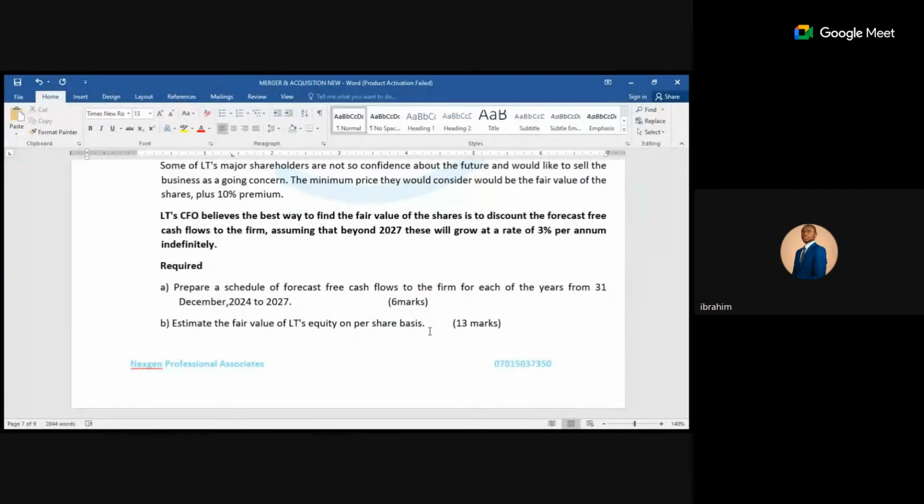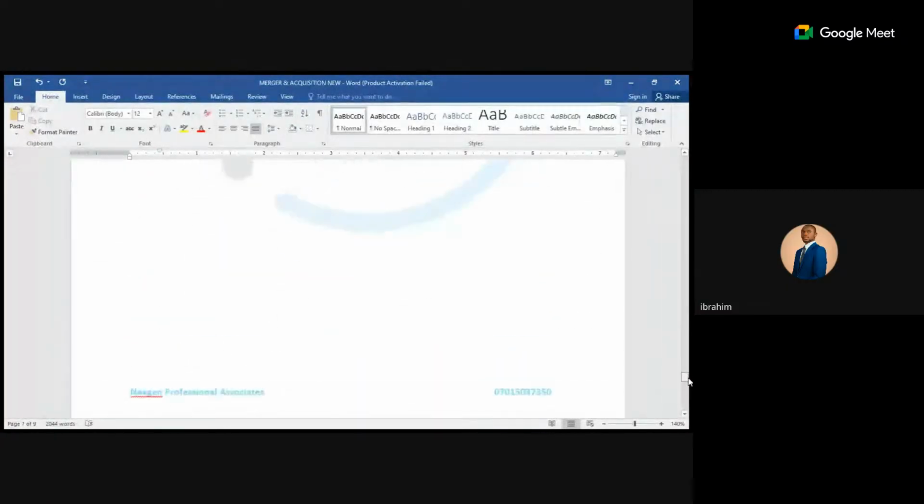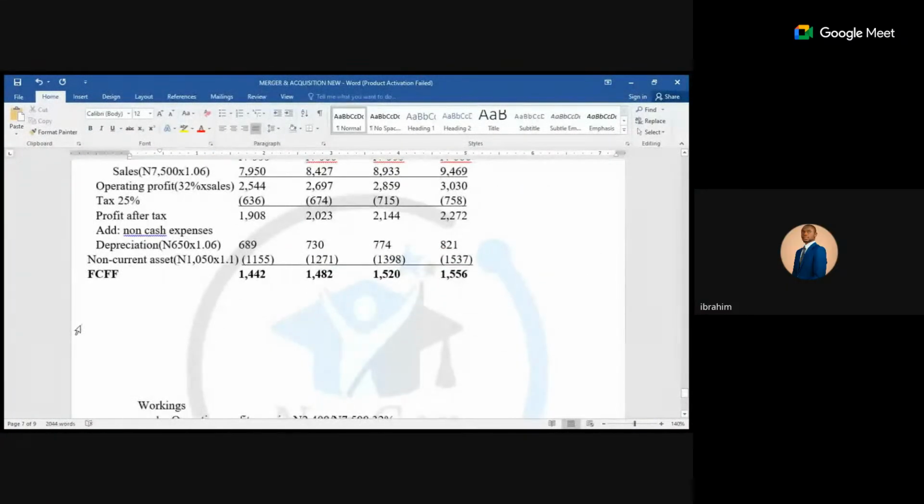The CEO believes that whatever you want to do, we need to get the fair value. What will be the market value of the company? When we get that, then we can go from there, right? So now the B part of the question.